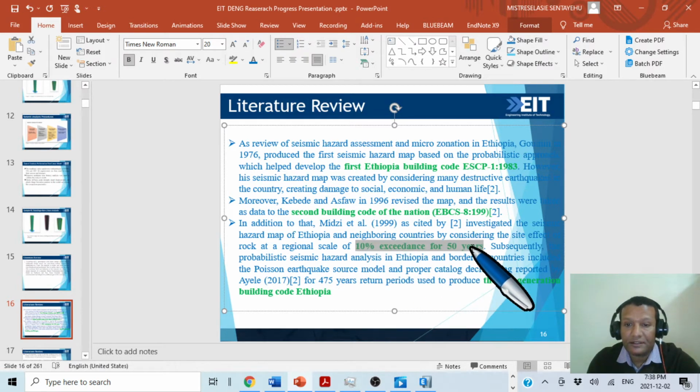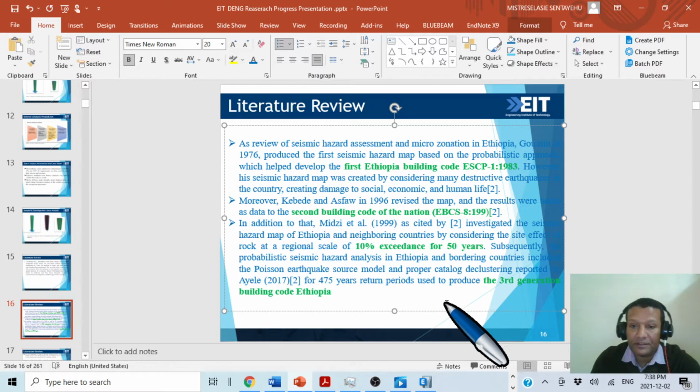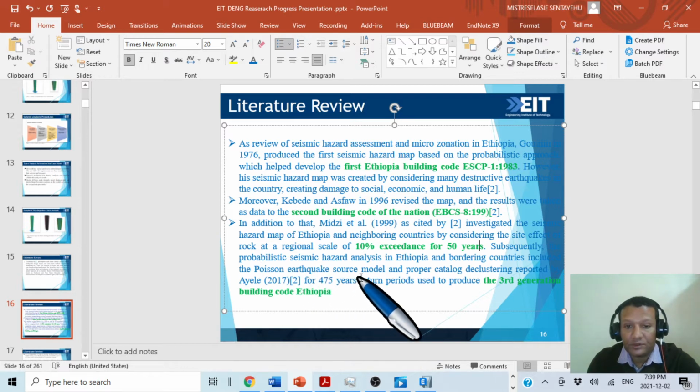This is standard for most countries. Subsequently, the probabilistic seismic hazard analysis in Ethiopia and bordering countries included the Poisson earthquake source model and proper catalog declustering, reported by Ayele, 2017.